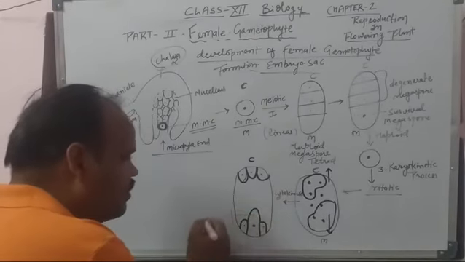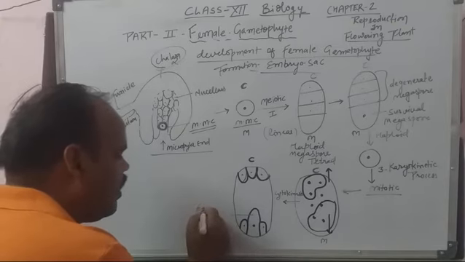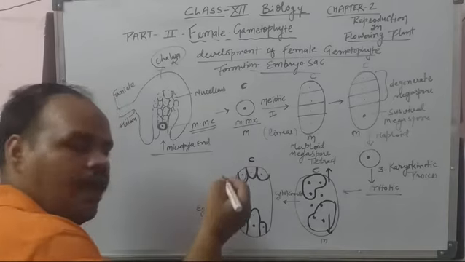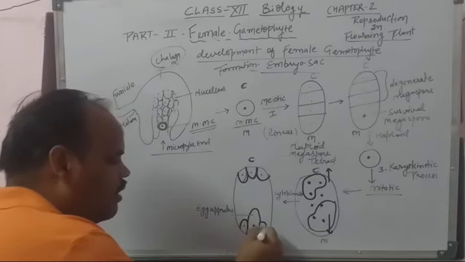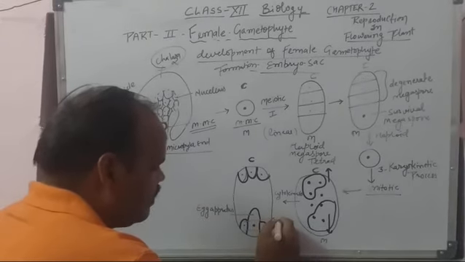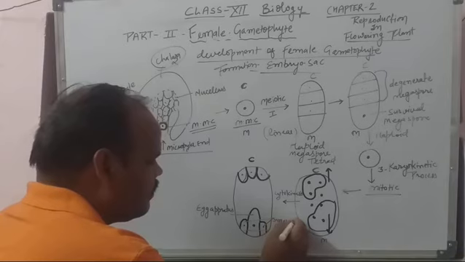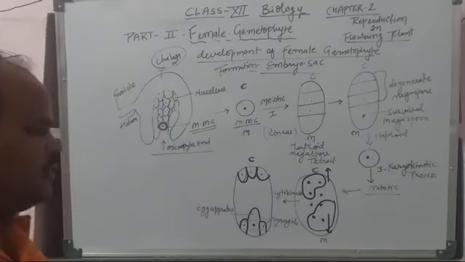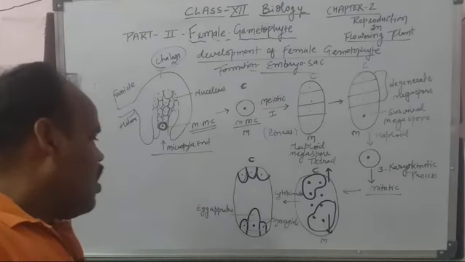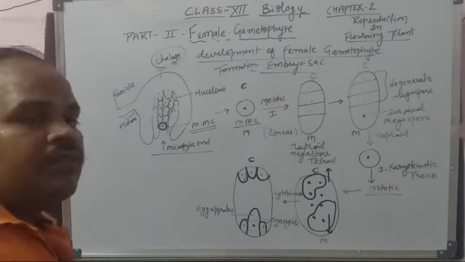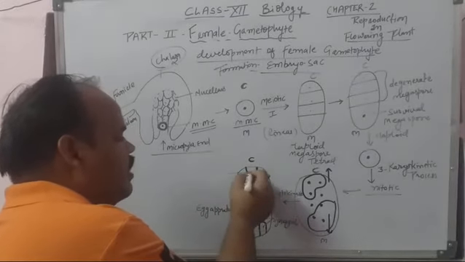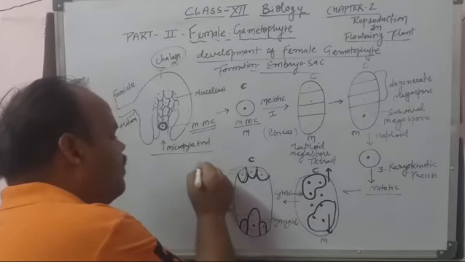The bigger nucleus is called the egg apparatus, and the 2 small nuclei are called synergids, also called the Hilbert cells. At the chalaza position there are 3 cells, also called antipodal cells.